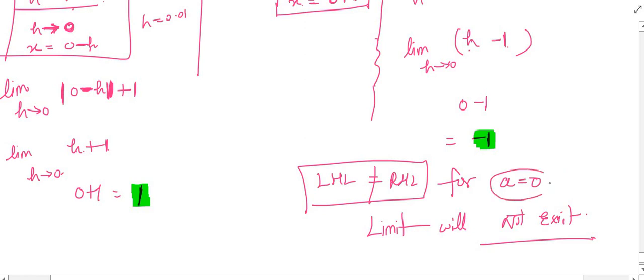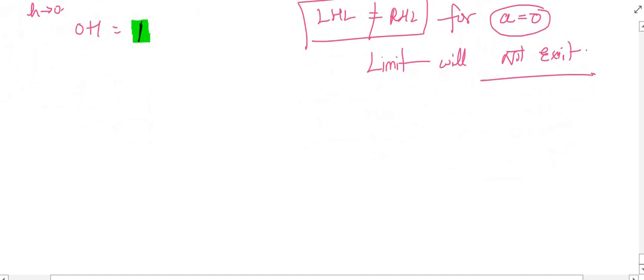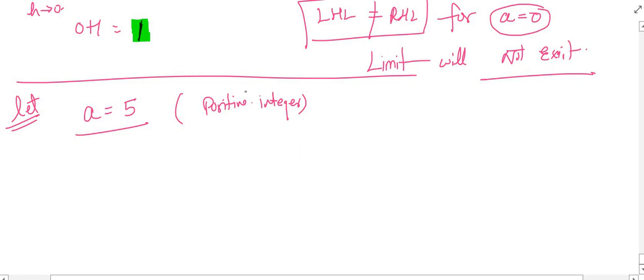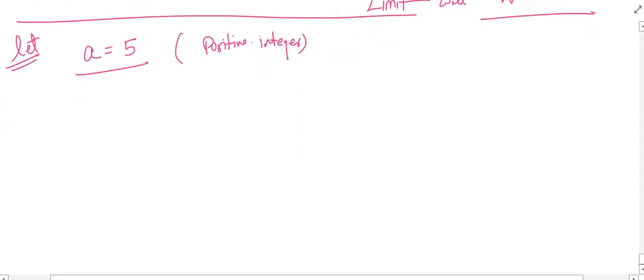We are sure for 0 it will not exist. Now let some other number, say a is 5, some positive integer. We are just assuming some positive integer. Okay, so let's try for 5.